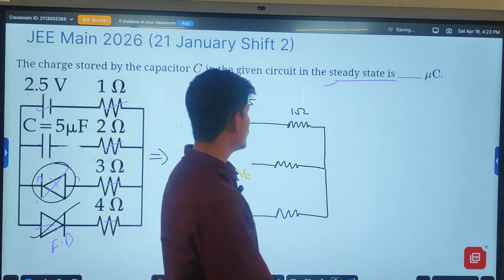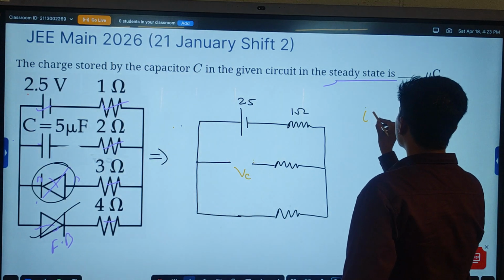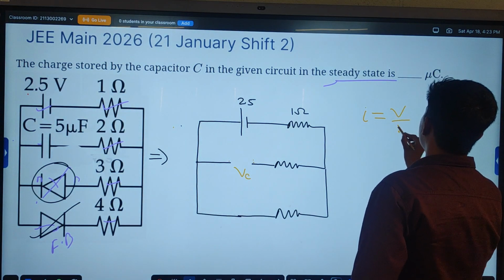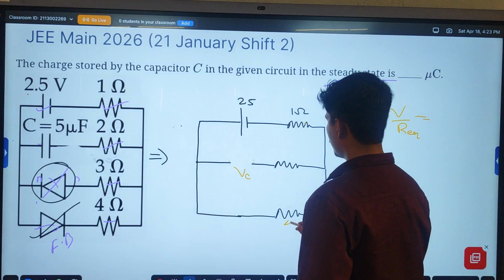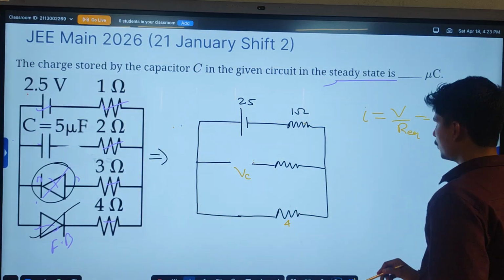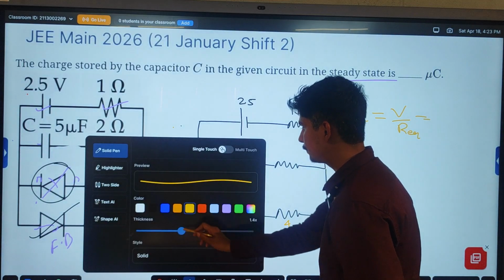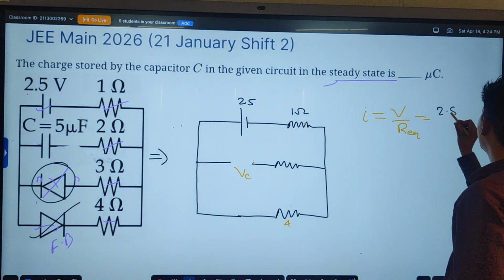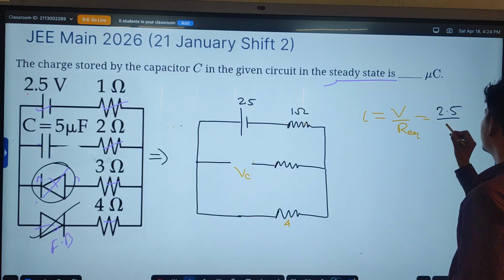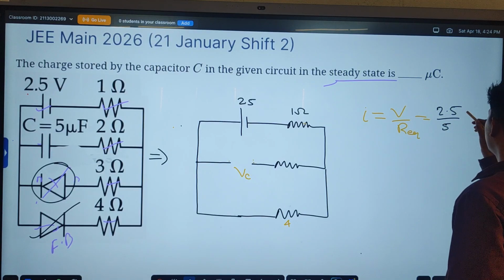So for current through the battery, we can write I equals V by R equivalent. R equivalent will be 1 ohm and 4 ohm, which is 5. So V is 2.5 and R equivalent is 5. So current comes out to be 0.5.